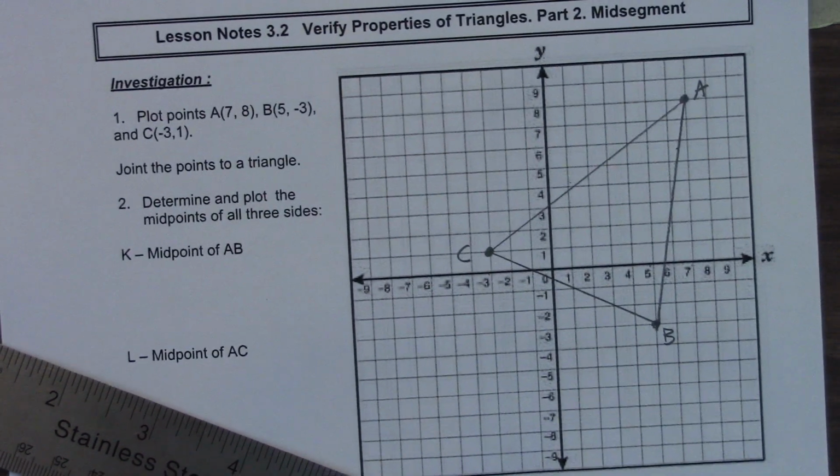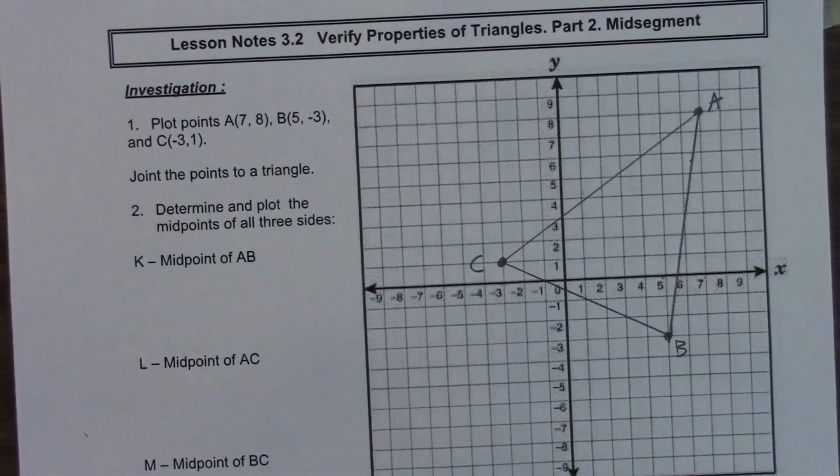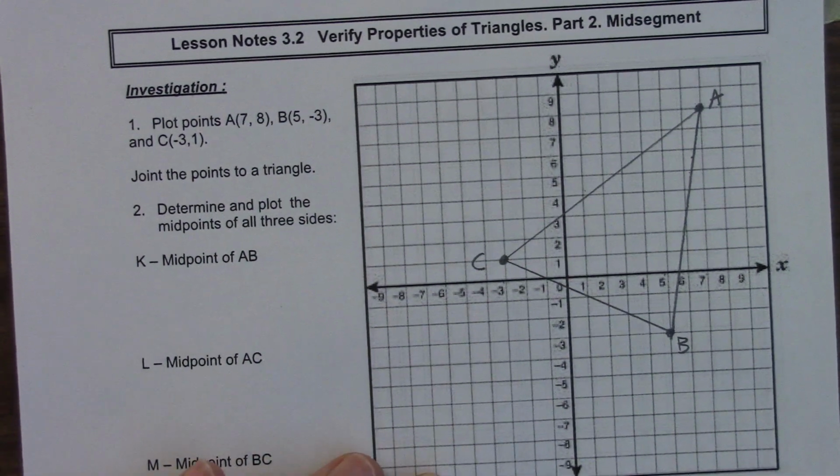Okay, it says join the points to make a triangle. So we've done that. Determine and plot the midpoints of all three sides. So K is AB.